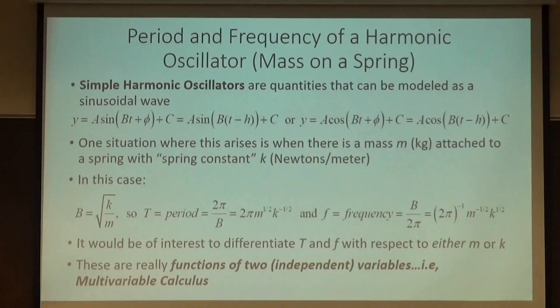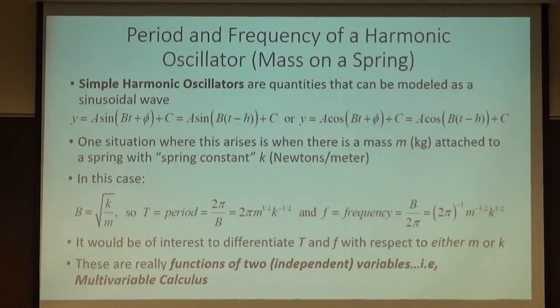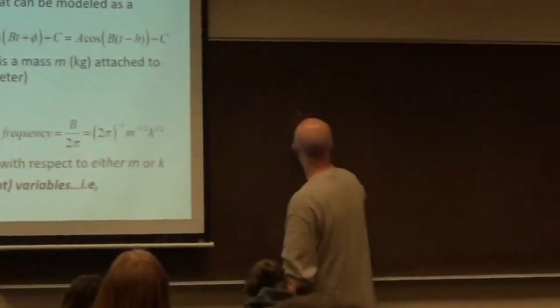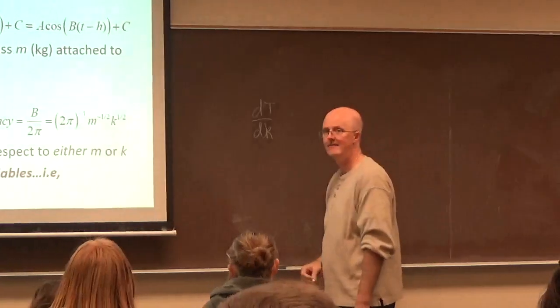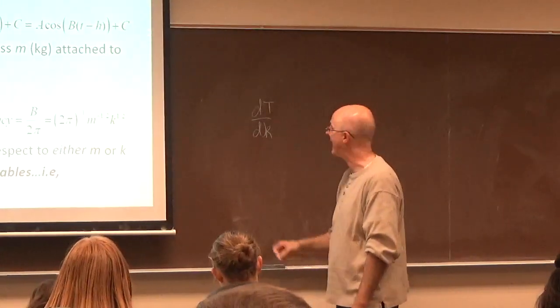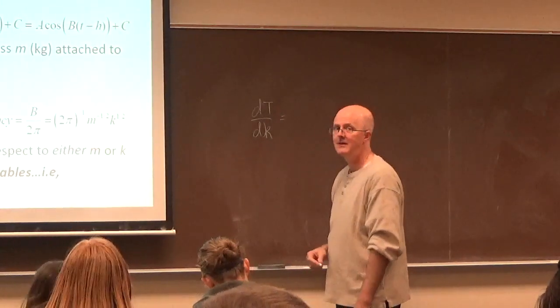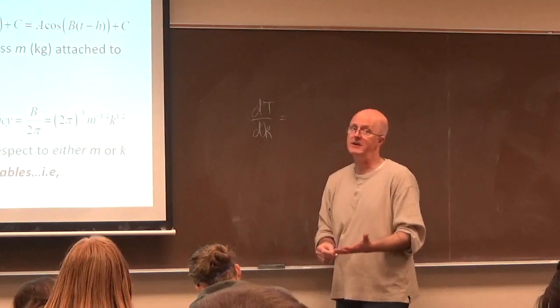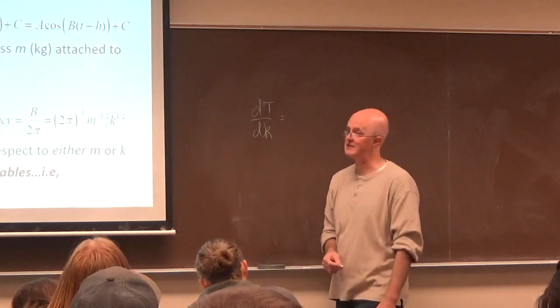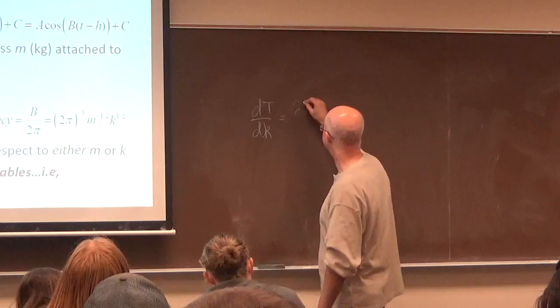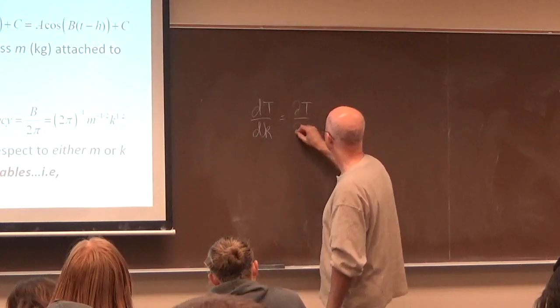let's take the derivative of, say, the period with respect to K. You can write that as dT/dK if you like, the derivative of T with respect to K. If you were using multivariable calculus partial derivative notation, however, you'd write the d's in a fancy way.